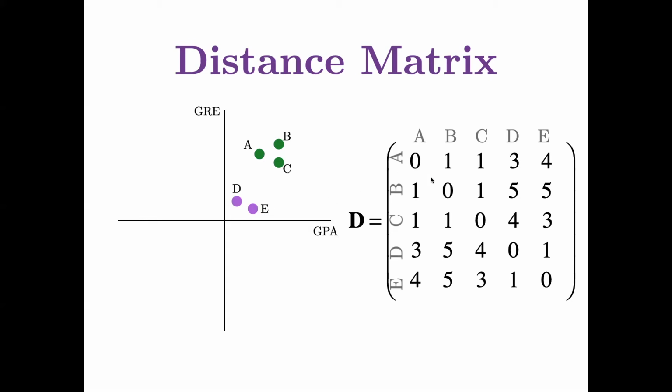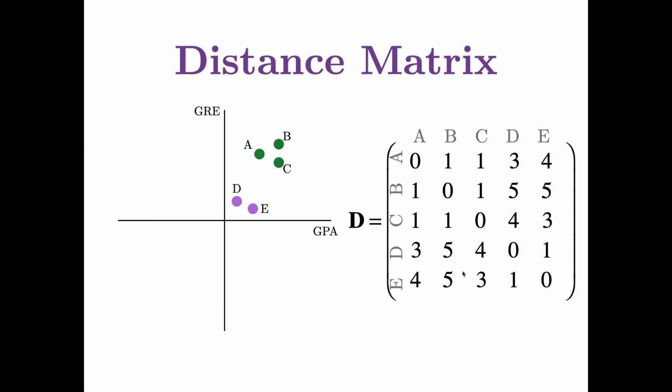You can also see that the main diagonal of this matrix, which of course contains the ii elements, same row, same column, is all 0. That's because the distance between a point and itself will always be 0. You can also see the symmetry.